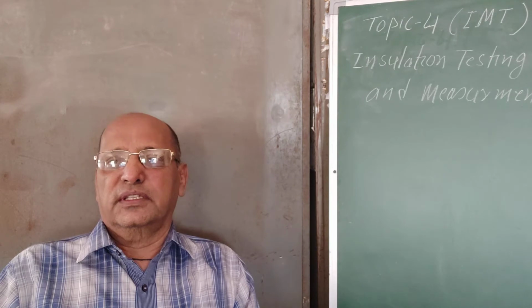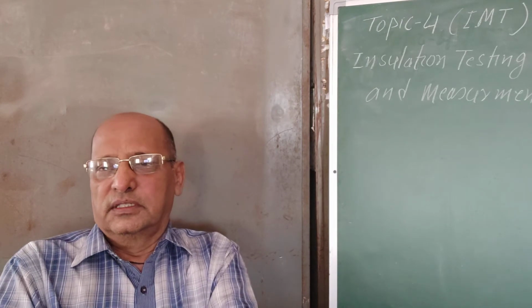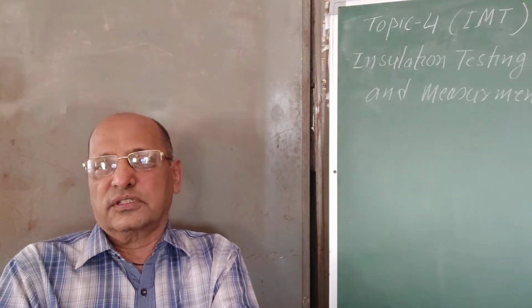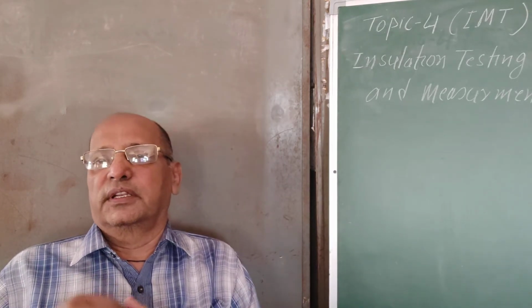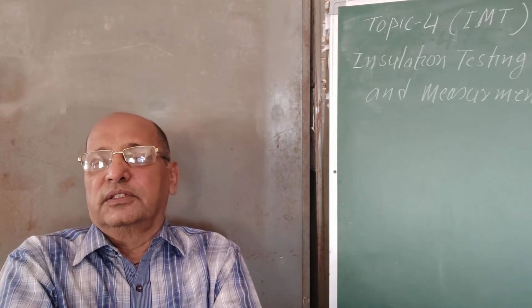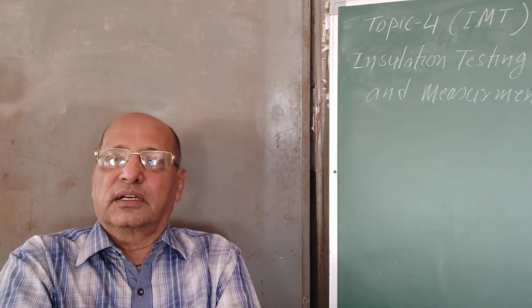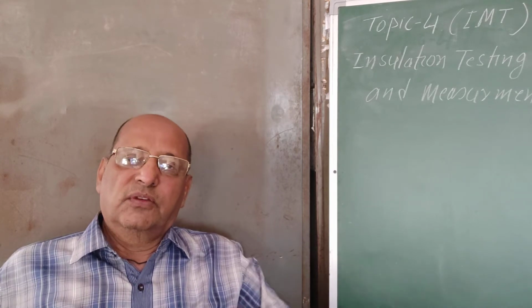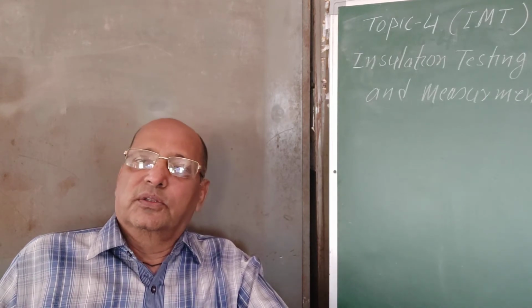Second, if the insulation comes in contact with water continuously for a long time, then the quality of the insulation will deteriorate, and corrosion will be there due to this water logging in the insulation of the wire or cable, so its quality will deteriorate.